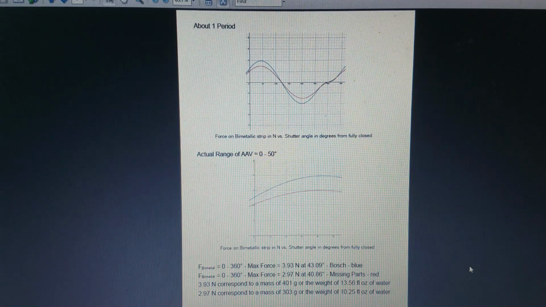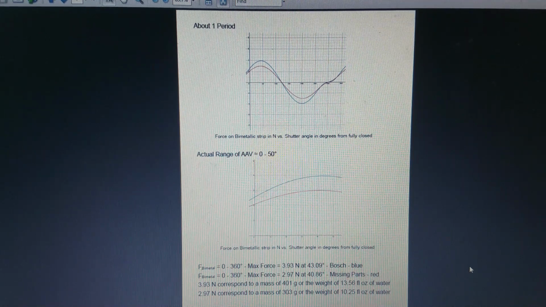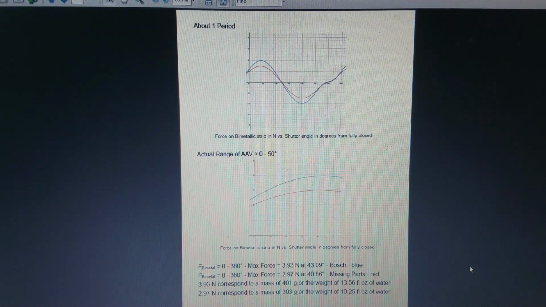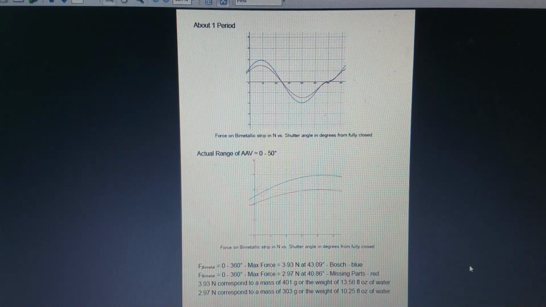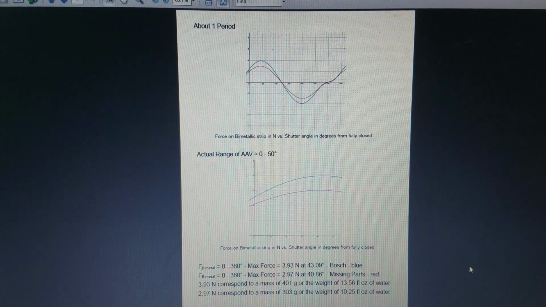To put that in perspective, the force of 3.93 Newton corresponds to about 401 gram. That's the weight of 13.56 fluid ounces of water, and 2.97 corresponds to 303 gram, which would be 10.25 ounces of water. So it's quite a substantial force that's being exerted by the bimetallic strip on that little finger.